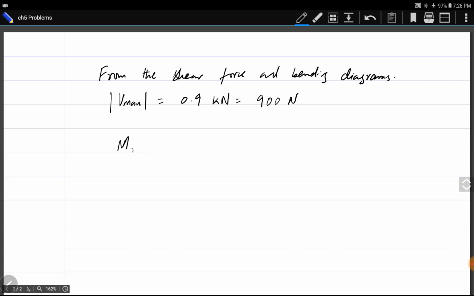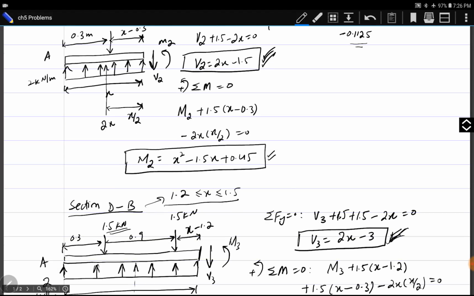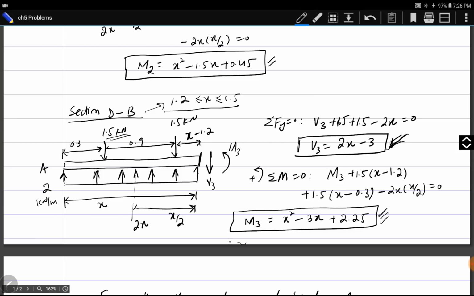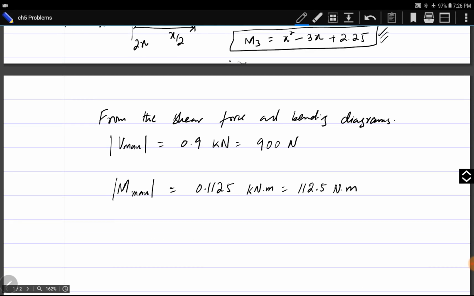And maximum moment is equal to 0.1125 kilonewton meters or 112.5 newton meters. This value of moment is maximum value. We only need the numerical value. The sign is not important for us. The maximum value of moment has been calculated.